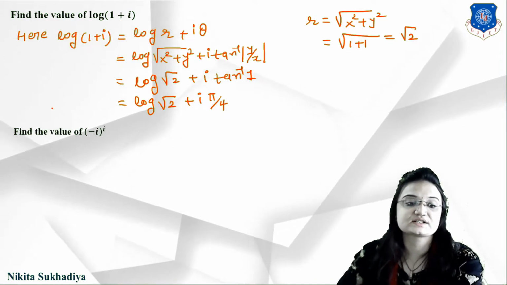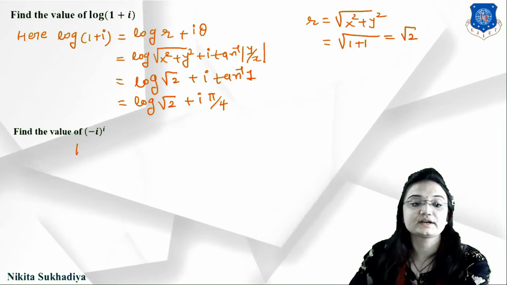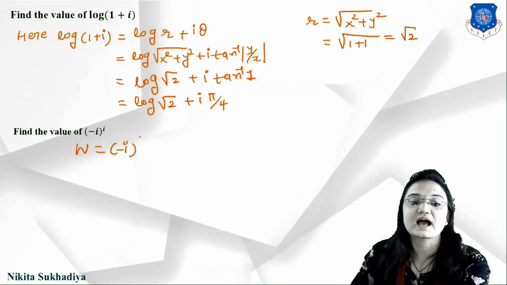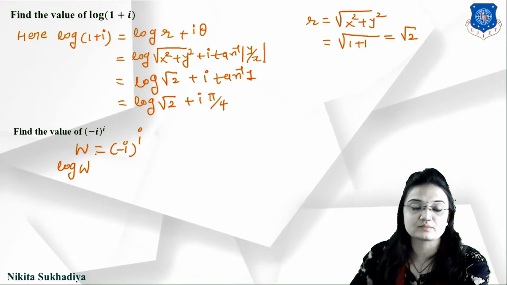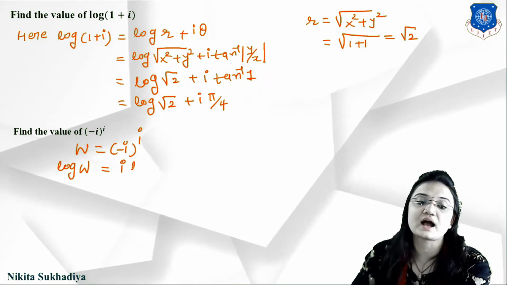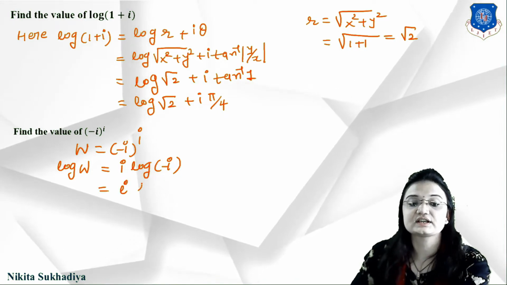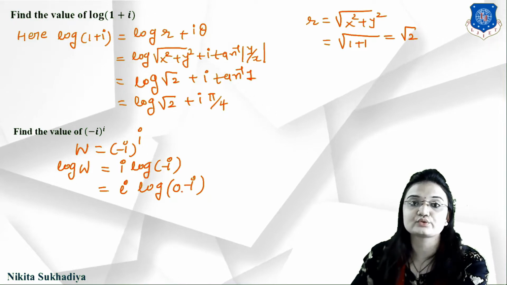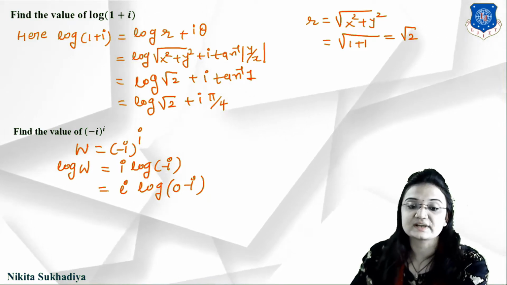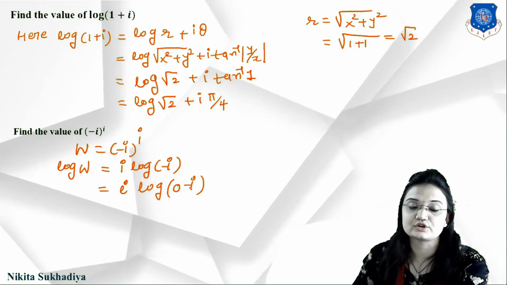Now next is to find the value of minus i raised to i. Here take w is equal to minus i raised to i. By taking logarithm at both sides, logarithm of w is equal to i logarithm of minus i, that is i logarithm of 0 minus i. Here we have to use the logarithm of complex number equation, where x is equal to 0 and y is equal to minus 1.